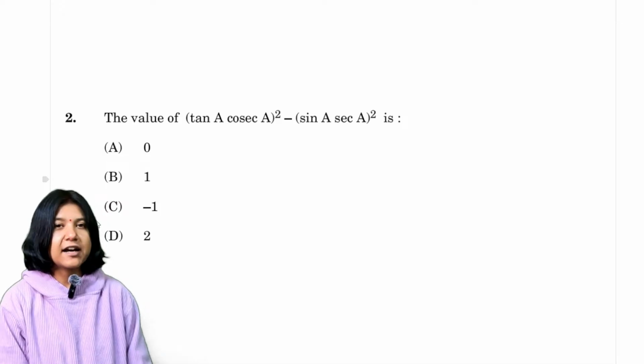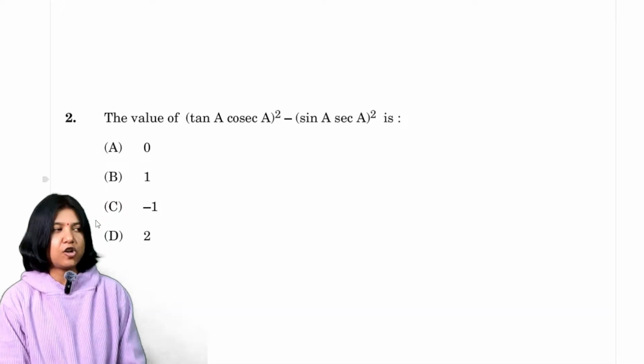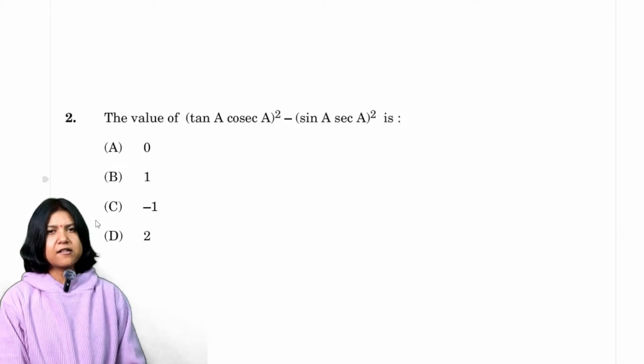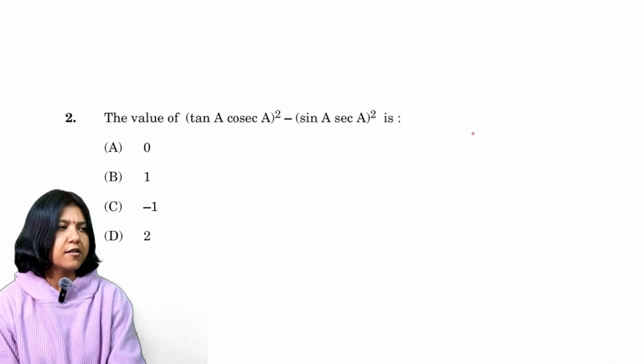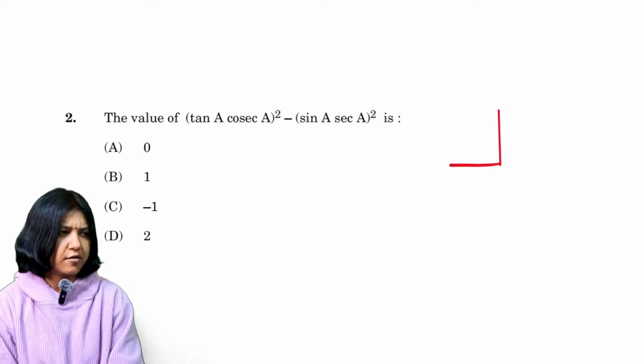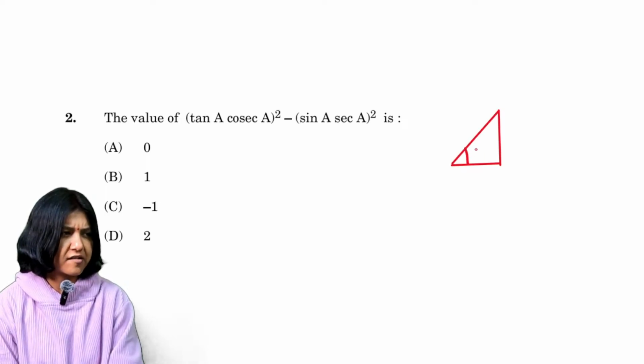I will do that by thinking about other ways I can express the given terms. So tan A. I'll just give you a brief explanation to this part. If this is the angle, this is perpendicular, this is your base, and this is your hypotenuse, right?